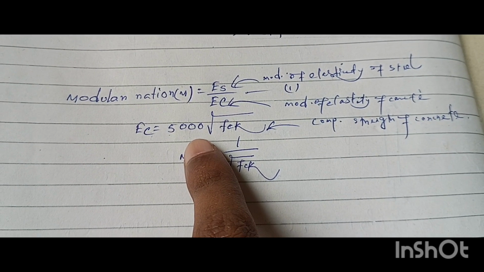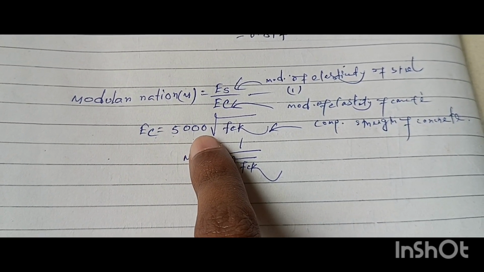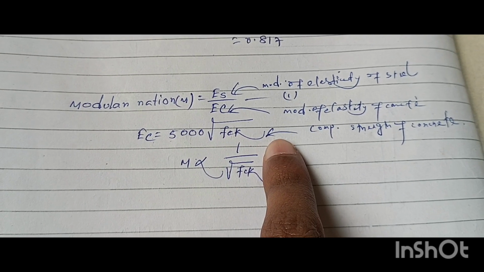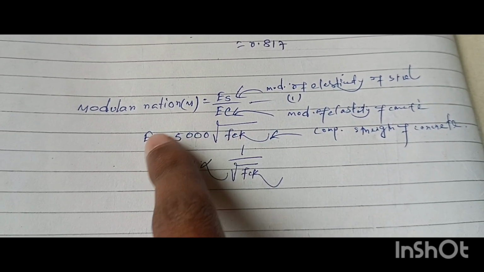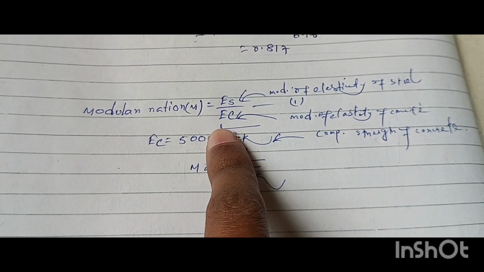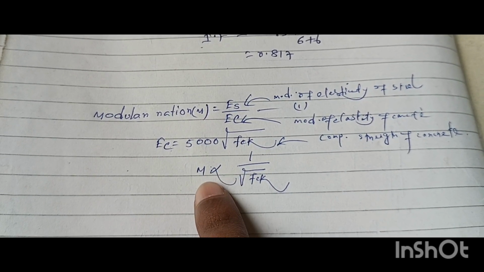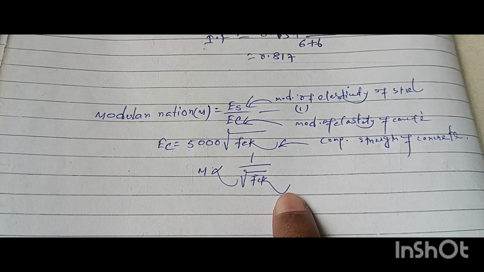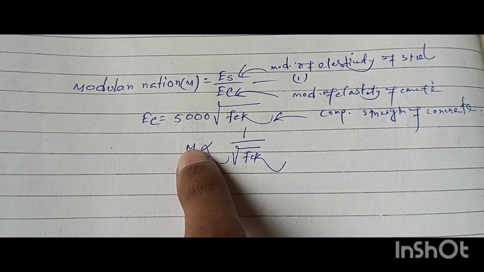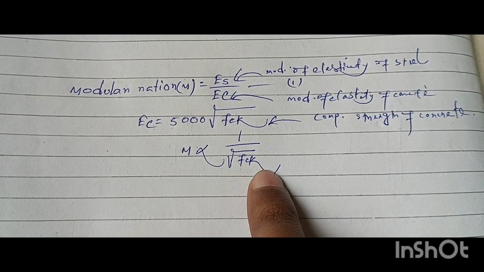We also know the relation Ec equals 5000 into root over fck, where fck is the compressive strength of concrete. So from these two equations we can write modular ratio m varies as 1 divided by root over fck. So if the modular ratio increases, the compressive strength of concrete will decrease.